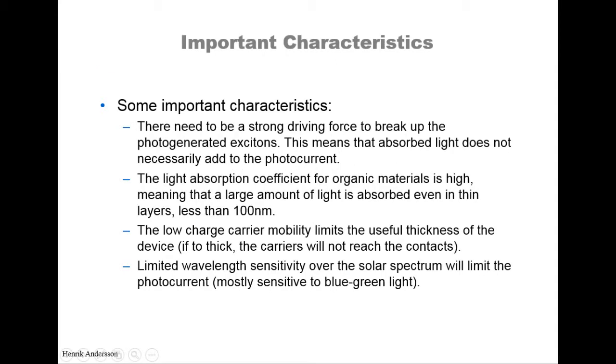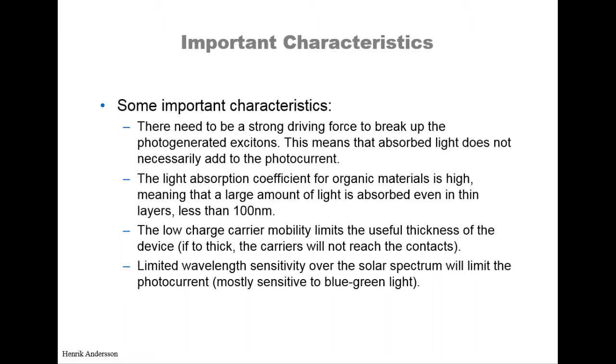Some important characteristics of organic solar cells. There needs to be a strong driving force to break up the photogenerated excitons. This means that absorbed light does not necessarily add to the photocurrent. The light absorption coefficient for organic materials is high, meaning that a large amount of light is absorbed even in thin layers.